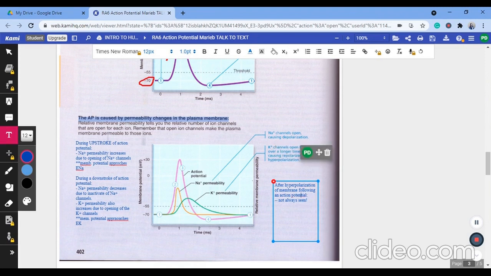This is not always seen, but during this phase there is an increased K plus conductance due to delayed closure of K plus channels.